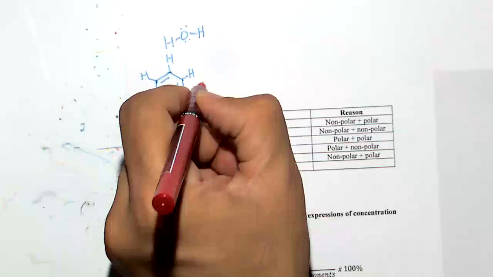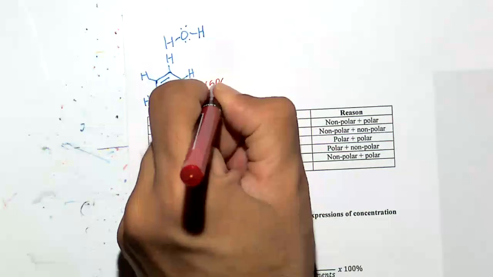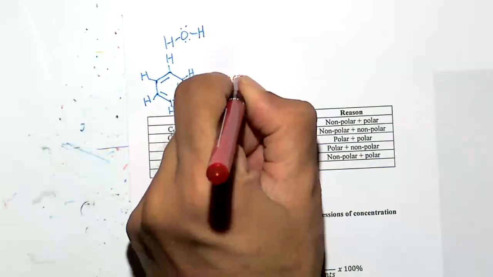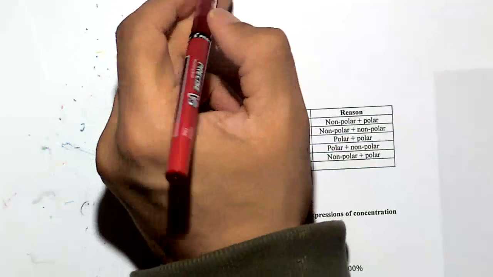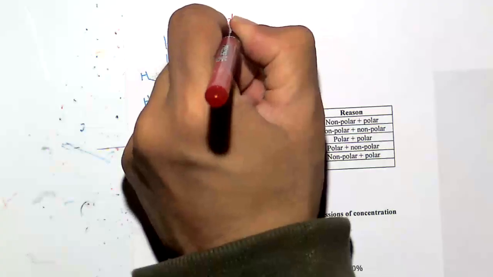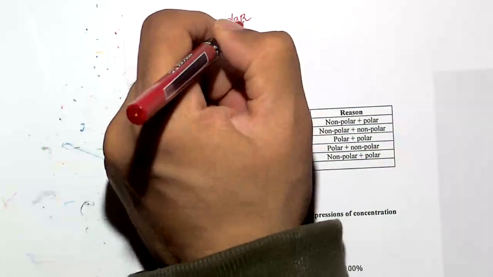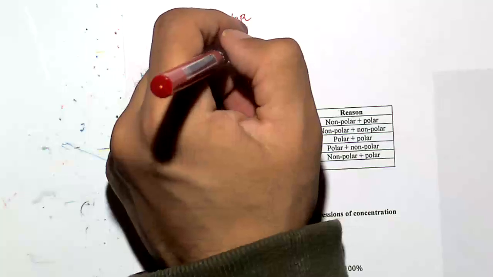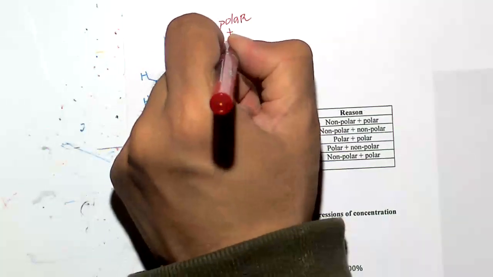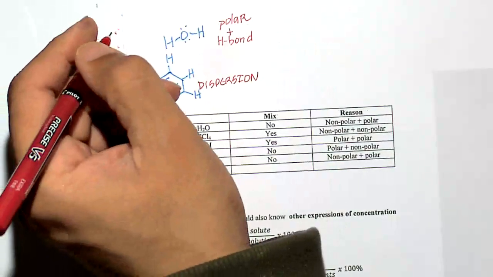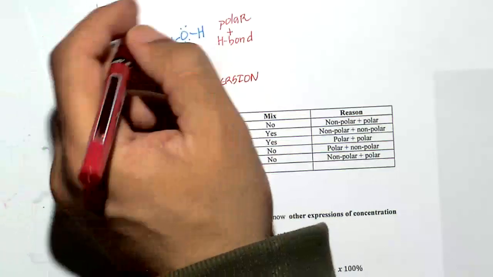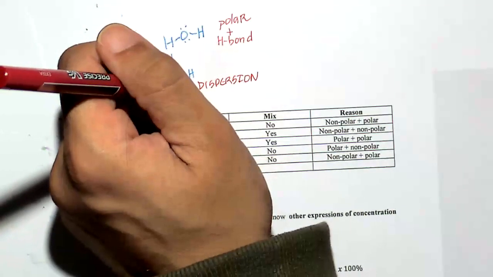Dispersion. And what is water? You can say polar. That's kind of the right answer, but be more specific: polar and hydrogen bond. And like dissolves like tells us they will not mix. These are like oil and water.